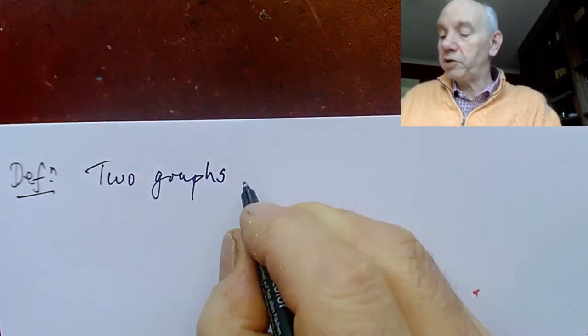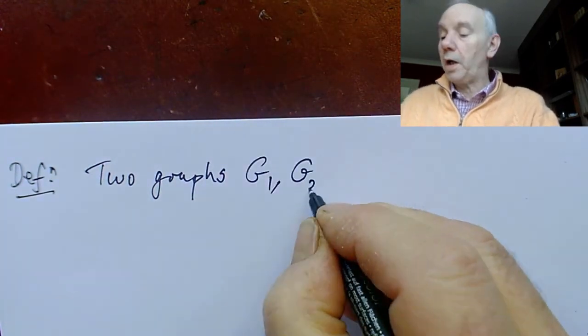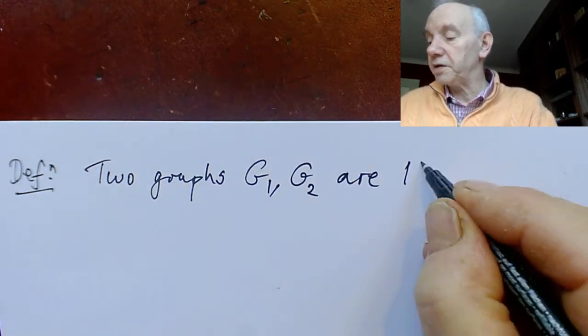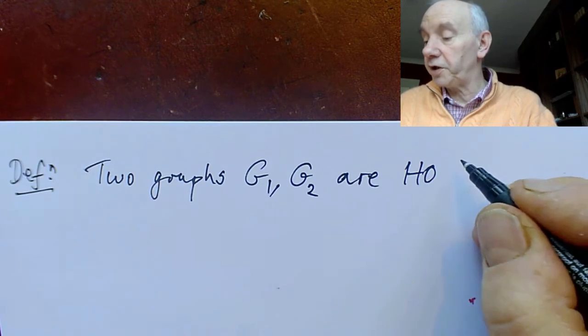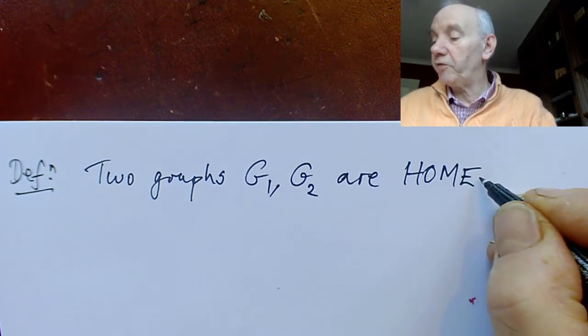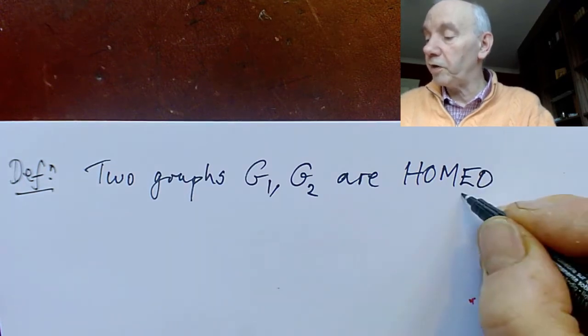G1 and G2 are said to be homeomorphic. It's a funny word, unless you've come across this in topology. Maybe a new word for you, homeomorphic, not homomorphic, homeomorphic.